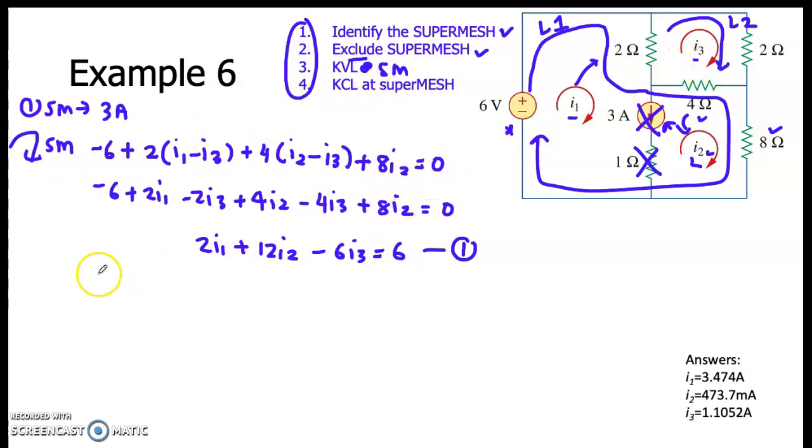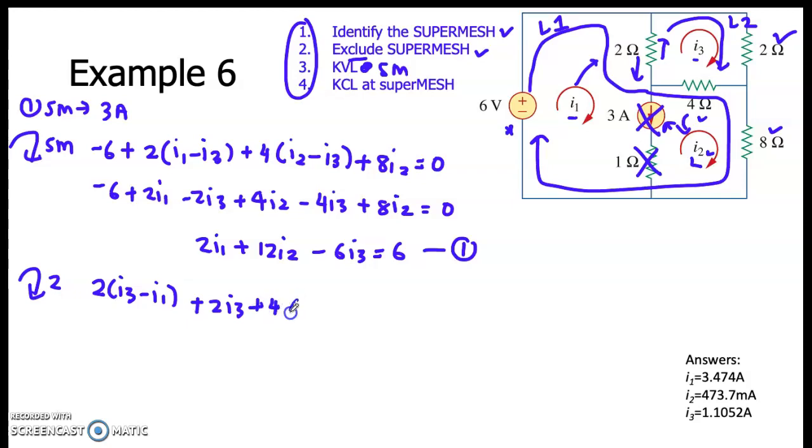So is there any other KVL needed? Yes, you have another KVL here, loop number 2. So just make another equation. 2 times I3 minus I1. Why? Because the current flowing here is I3 and the current flowing down is I1. Plus 2 I3, it is here.